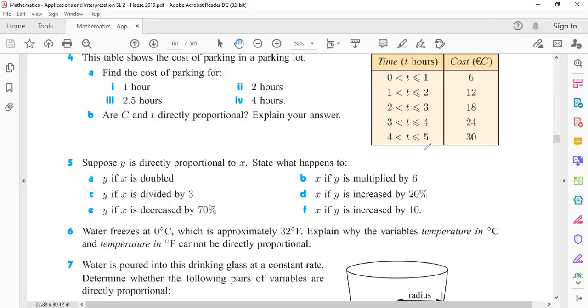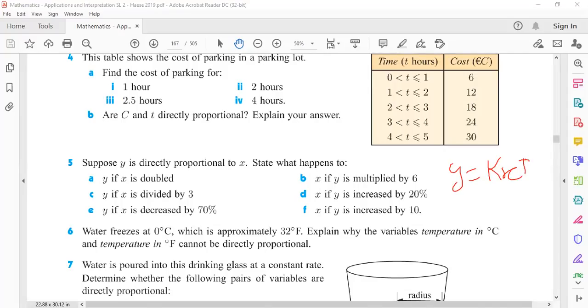Yeah, okay. So if x is double, what will the impact on y? Y will be divided by 2. No, y will be doubled as well, because they are directly proportional. Directly proportional means, if x is increasing, y will also increase.